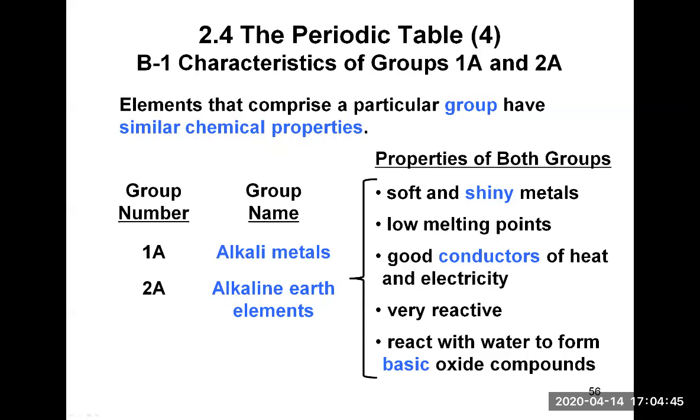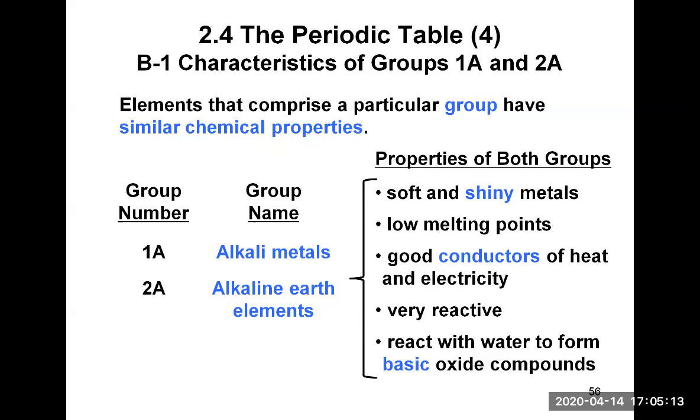They're very reactive. That's what distinguishes them from the others. They are very, very reactive. And because of that, they are rarely found as single atoms, or unbonded. They are most often combined with other elements because they react very quickly.